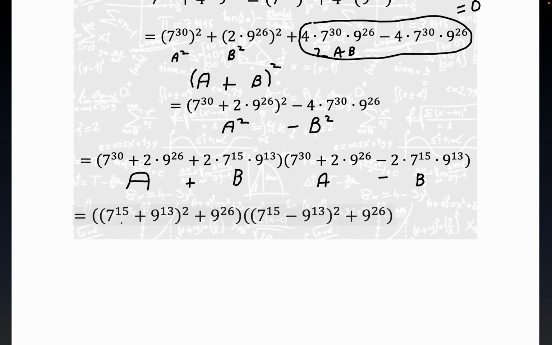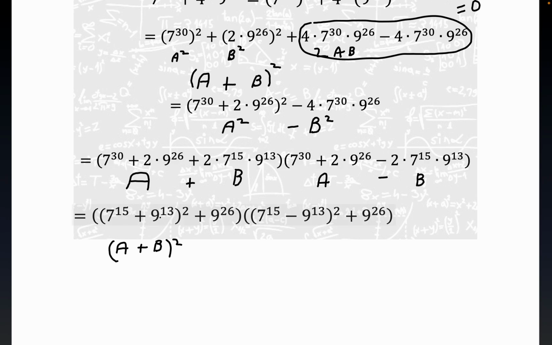So again, if you think of this object as a plus b quantity squared, it leaves out something, so to speak. 7 to the 15th squared goes to 7 to the 30th, right?